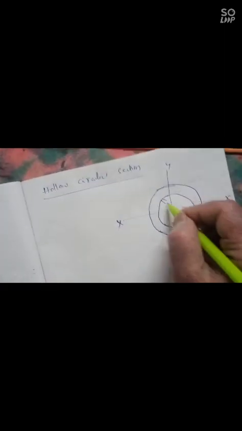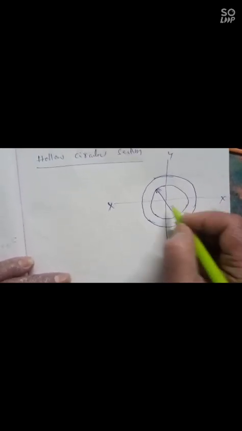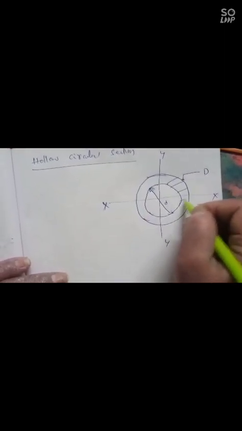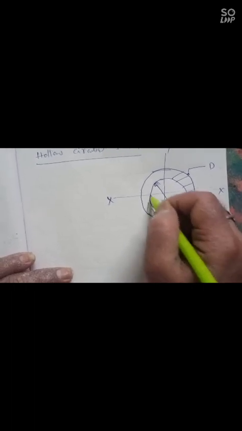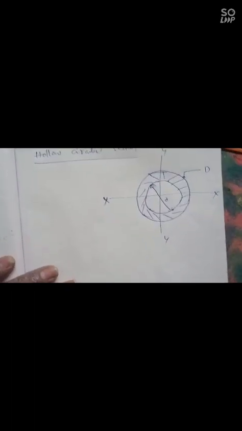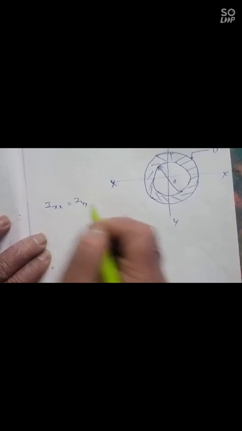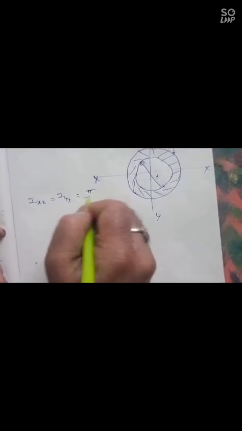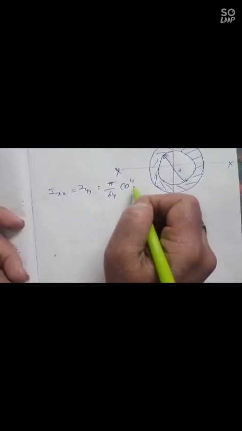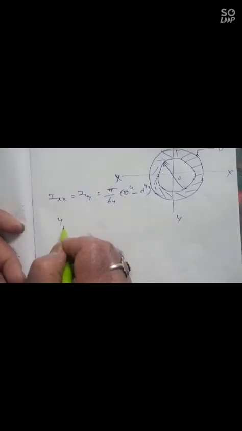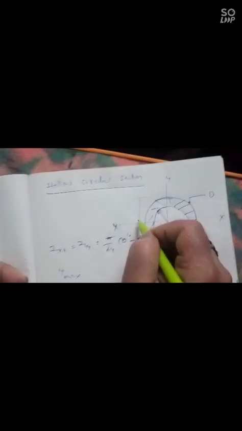The inner diameter is considered as small d, and the outermost diameter is considered as capital D. So Ixx, which is also equal to Iyy, is equal to pi by 64 into capital D to the power of 4 minus small d to the power of 4. Similarly, y maximum is D by 2.